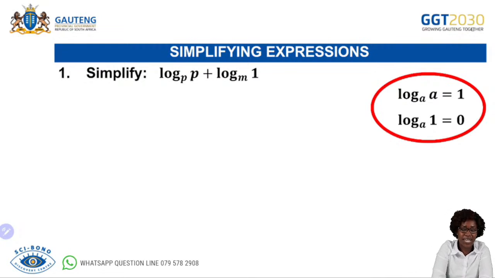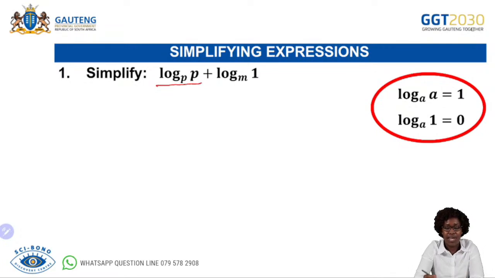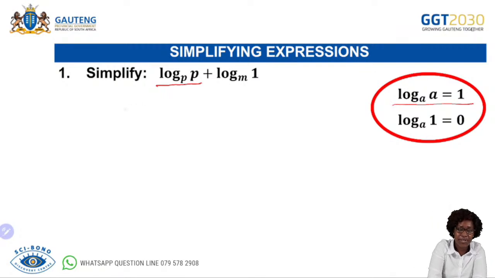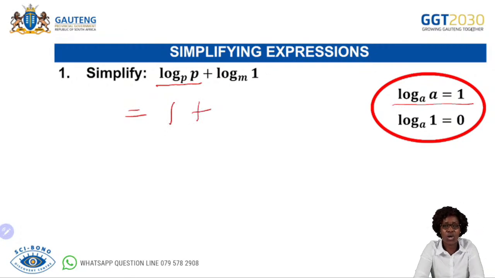The first one says log of p to base p. If you look on the right-hand side, I've just given you a hint of which law we are supposed to use. Now, if you check the first one, if we have a log of a number and the base is the same as the number, then this simplifies to a 1. Then I'm going to add. The second one says log of 1 to base m.